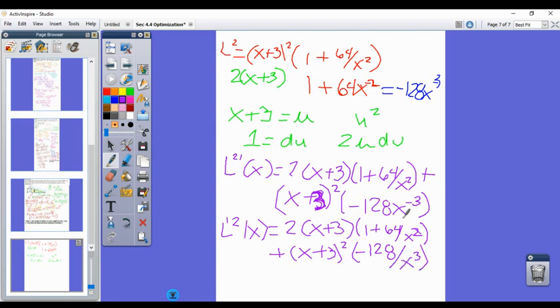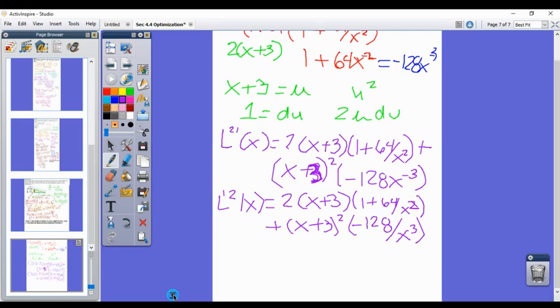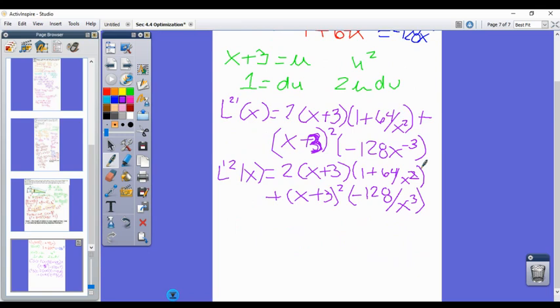Now, something I want you to notice that we have in common here: both of these terms have an x plus 3, and I can actually take out a 2 as well from here because this is an even number. So I'm going to factor out 2 times x plus 3 from both the first term and the second term.